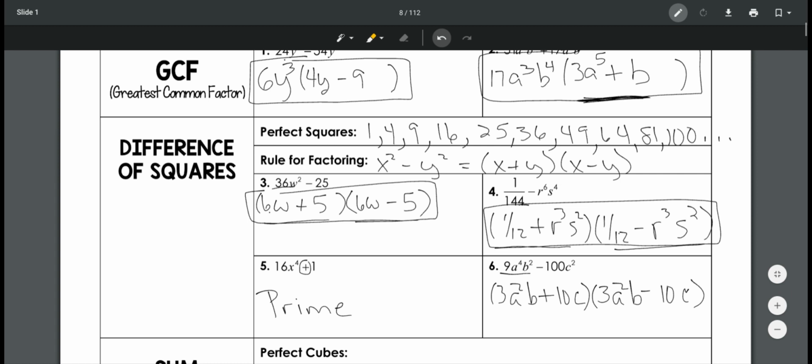The last thing I do before I state that this is my answer is I make sure that these two terms have nothing in common with respect to each other other than 1, and that these two terms have nothing in common with respect to each other in that group other than 1. Since they do not have anything else in common, that would be my final answer.